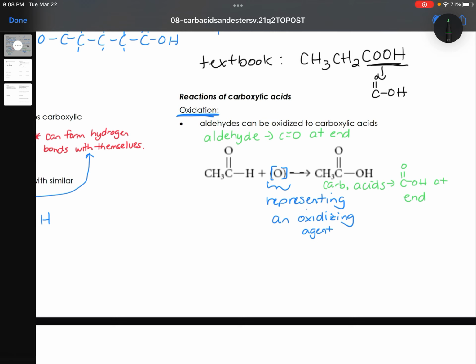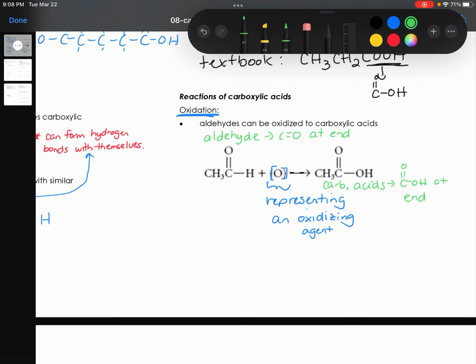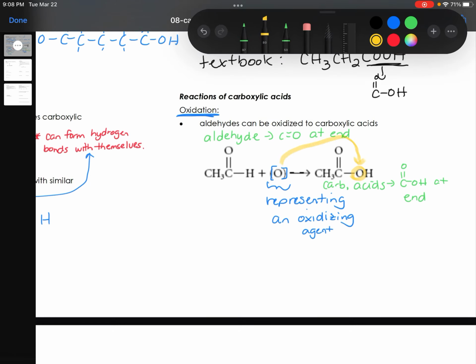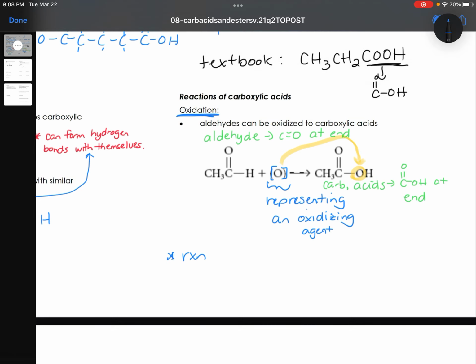And that makes sense. So the extra O added in here comes from the oxidizing agent, but we are not going to stress too much about how that works. Just like with aldehydes and ketones, the reaction is going to be unbalanced, because it is a lot more complicated than the scope of our course in grade 12.